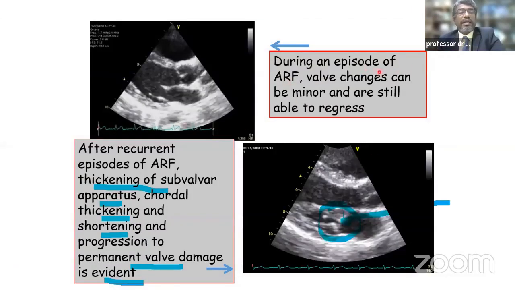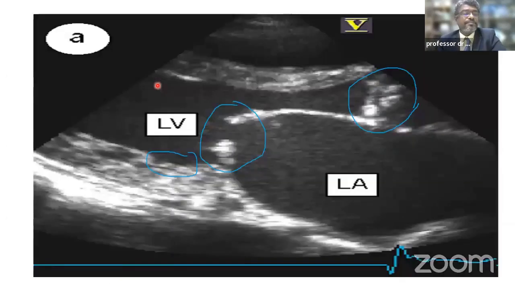At the episode of acute rheumatic fever, valve changes can be minor or still able to regress. There may be mitral valve involvement, and the severity of the mitral valve involvement may be minor. Even if there is no recurrent rheumatic fever, these features of mitral valve involvement may regress to normal over time.